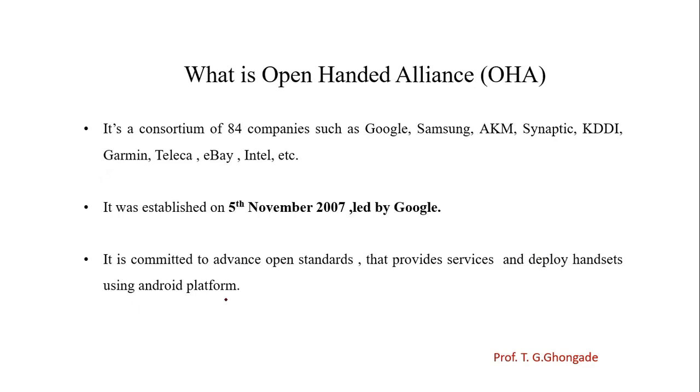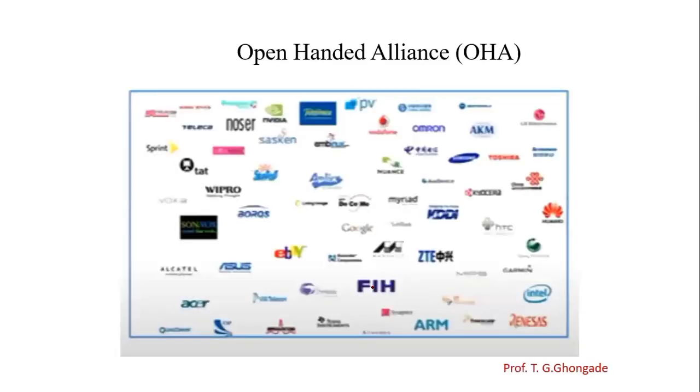So these are the responsibilities of the OHA. Whatever mobile phones you are using right now based on Android are all developed by this particular organization. So here is the company list. There are lots of companies, as we said, it is a consortium of 84 companies. So it contains all that stuff.